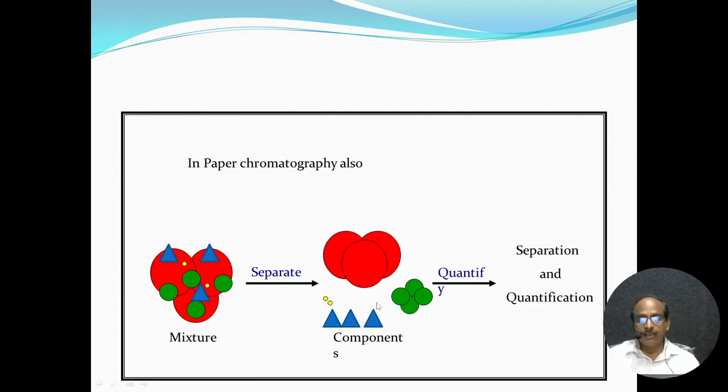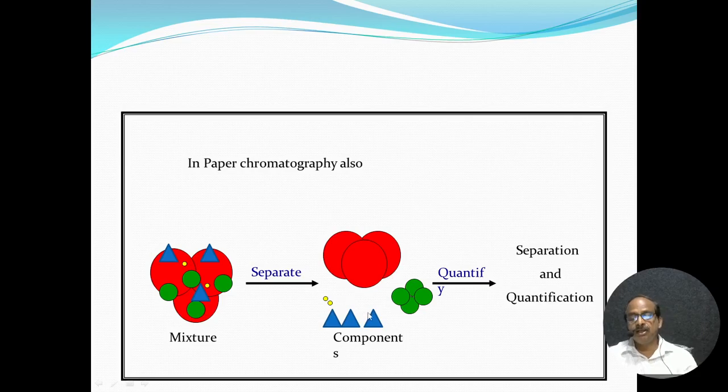Four different components are separated in your given mixture, and then we have to quantify how much is present in the separation: how much quantity of the red balls, how much of the green balls, how much of the triangular substance, and how much of the circular yellow components.